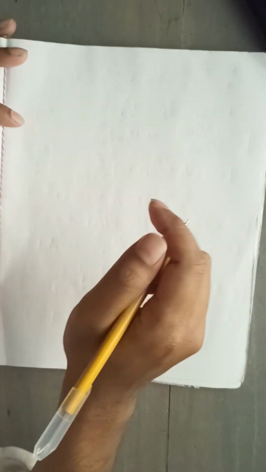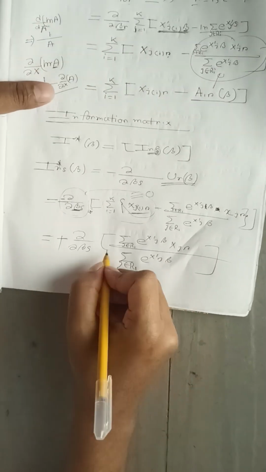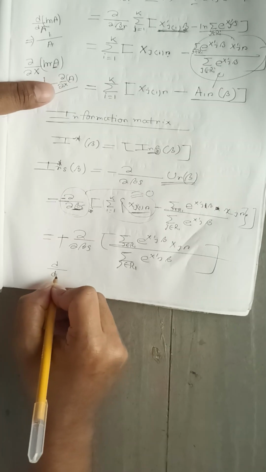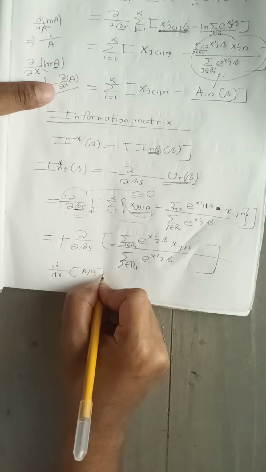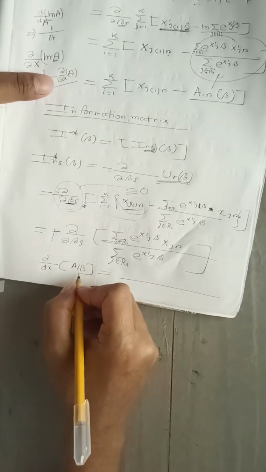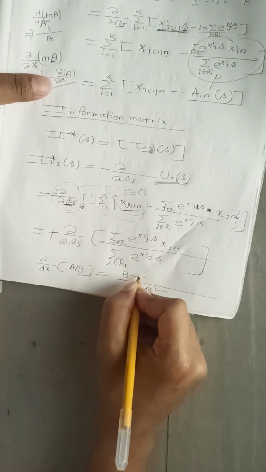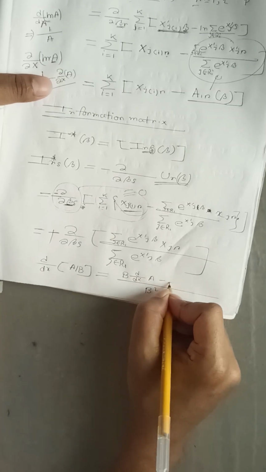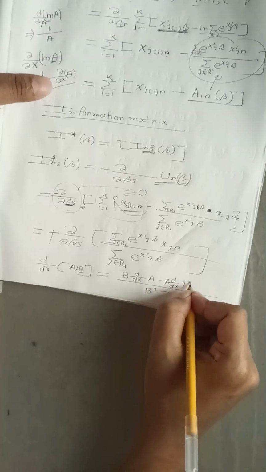The next, now here a reminder is needed. Now I will apply the derivative formula. Suppose d by dx of a by b, and I think you know the formula: at the denominator b squared, and numerator b d by dx of a minus a d by dx of b.